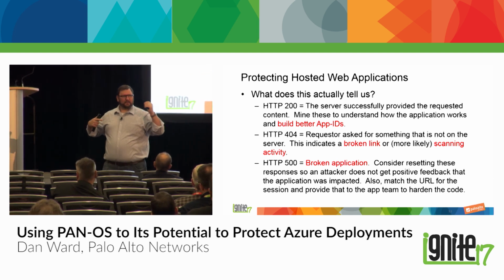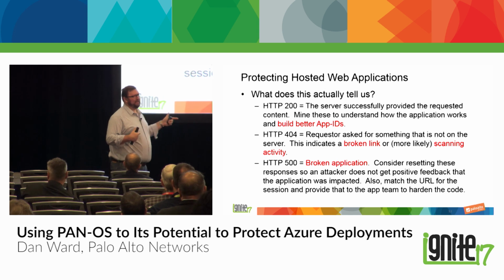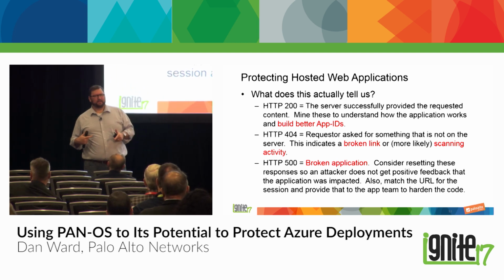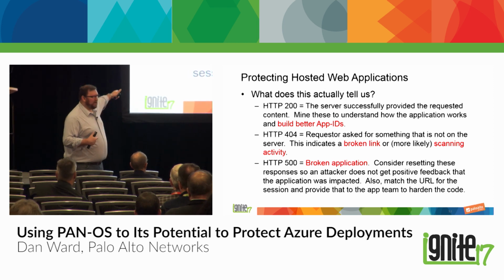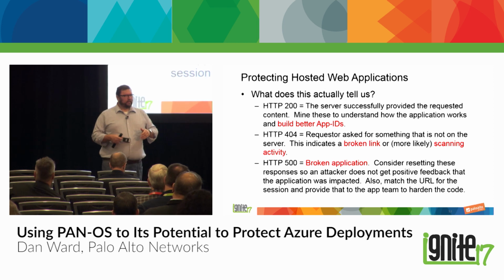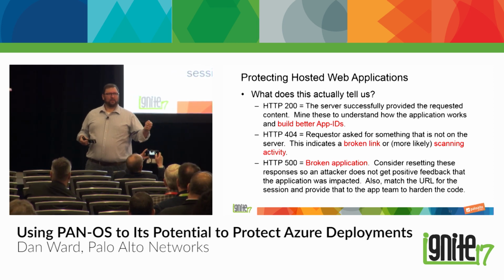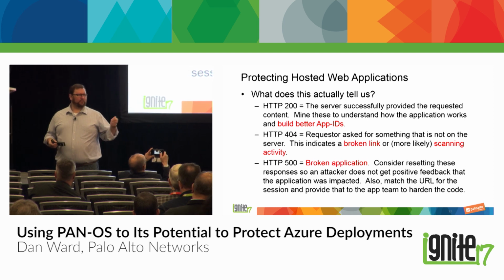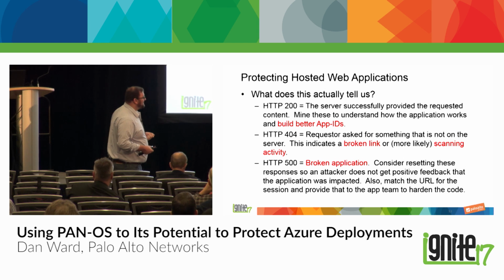Now, they know that something interesting happened, but they don't know what that was, and I did not give them positive confirmation that they broke the application. The other thing is, I've got a log of this. I'm going to go back to that application team and say, somebody broke your application, and here's exactly where they did it.